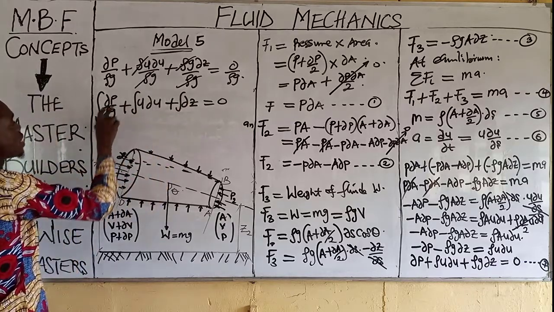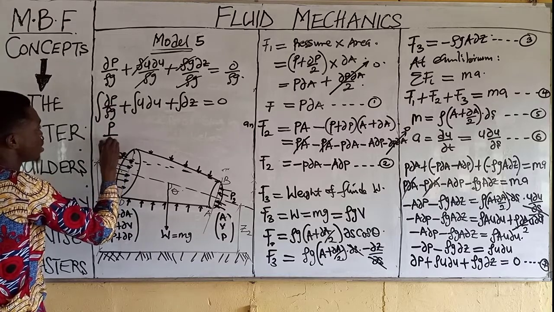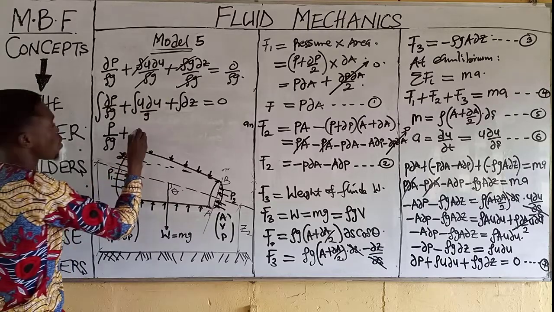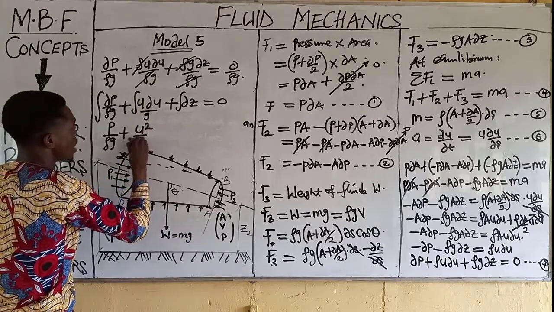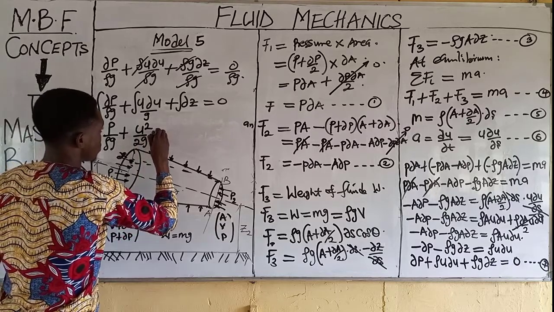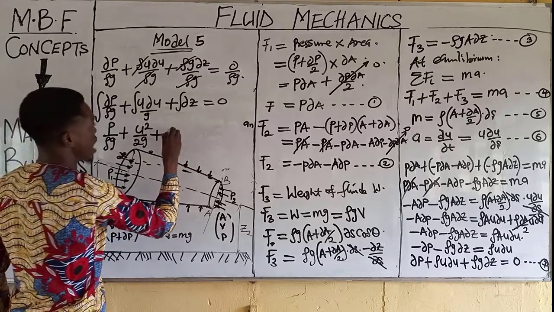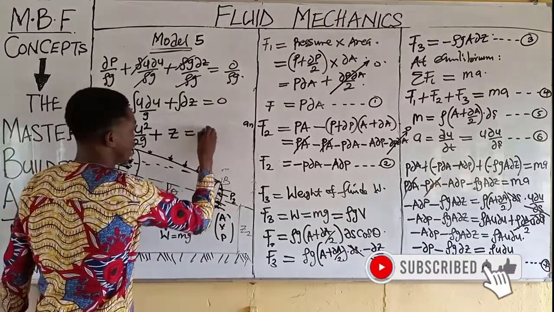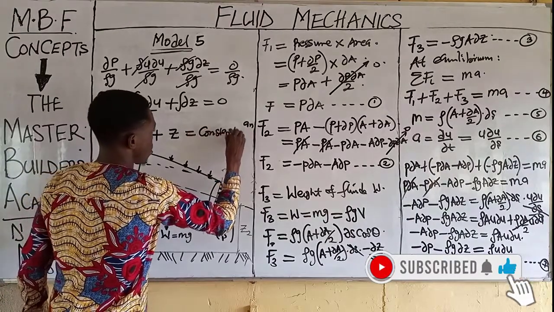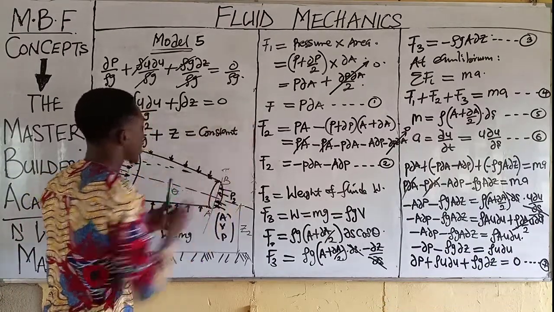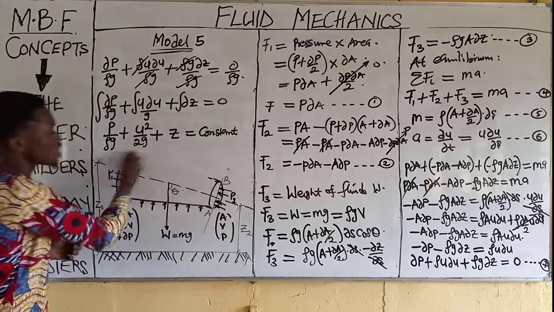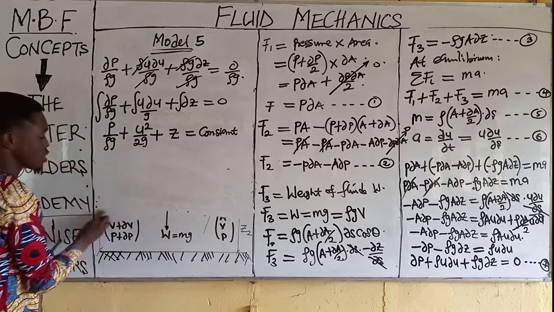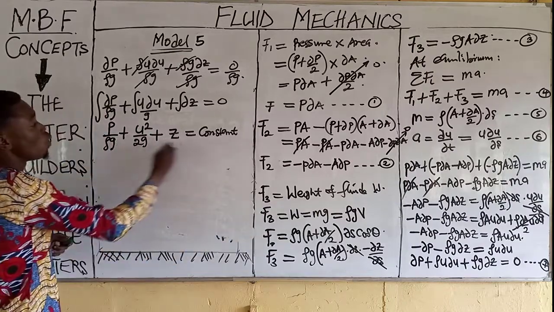When you integrate this with respect to P, we have this as P over rho G plus, and when we integrate U with respect to U, we have U squared over 2G, then plus, when we integrate 1 with respect to Z, we have Z equal to, now you understand that anytime you integrate, you always have a constant, so equal to constant, K or C. This is the equation for Bernoulli's equation.